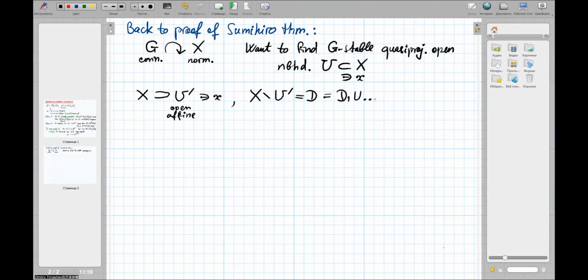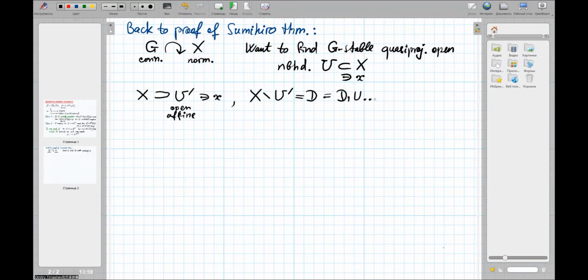Maybe not on the whole X, but on the complement of the closed subset, which is the intersection of all g-shifts of Di over all g in G. So what we do, we move the prime divisor Di by all elements of the acting group.